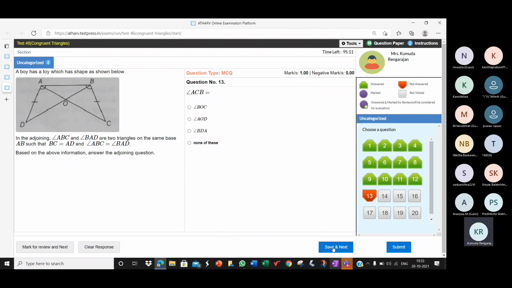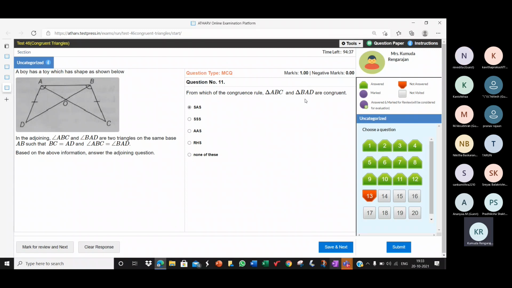Angle ACB is equal to angle, let's go back to this one. See again, it's from the congruency of these two triangles. Angle ACB should be equal to what? BDA, ma'am. BDA or ADB, both are the same.